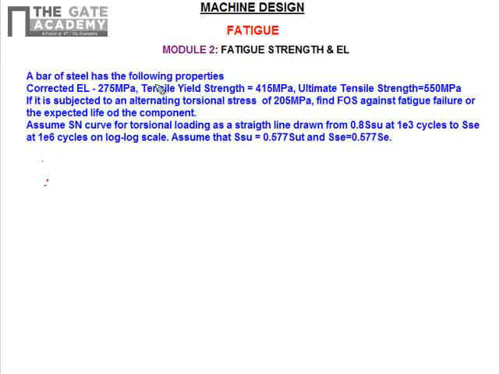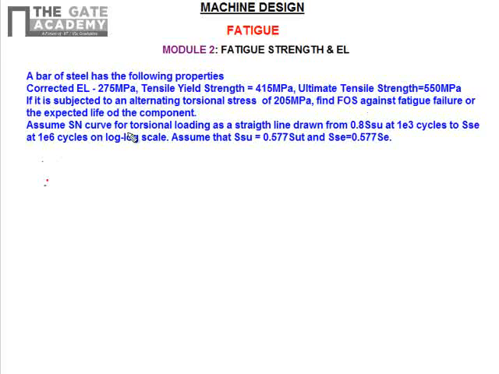A bar of steel has the following properties. Corrected endurance limit is 275 megapascal. Tensile yield strength is 415 megapascal. Ultimate tensile strength is 550 megapascal. If this material is subjected to an alternating torsional stress of 205 megapascal, find the factor of safety against fatigue failure or the expected life of the component.